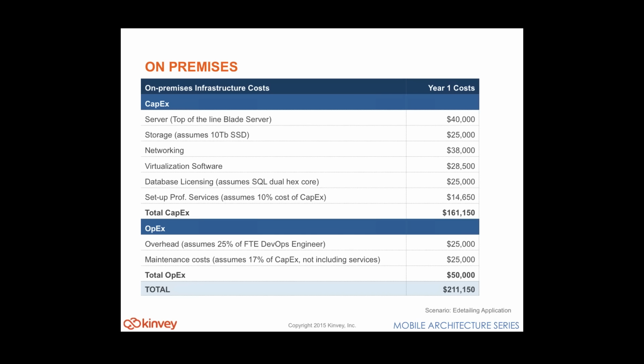And then there's also just maintenance costs. There's various things that have to be updated and maintained, and so that's assuming about 17% of the capital expenditures, not including the services. So overall, it ends up being almost $250,000 just to get entry costs for getting your own infrastructure.